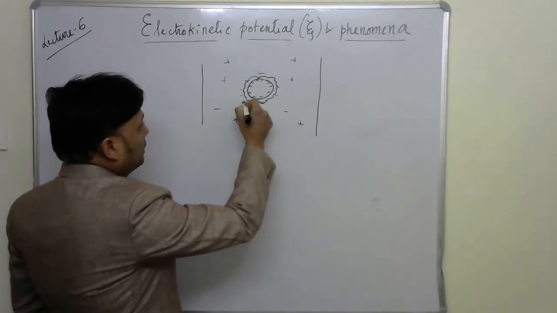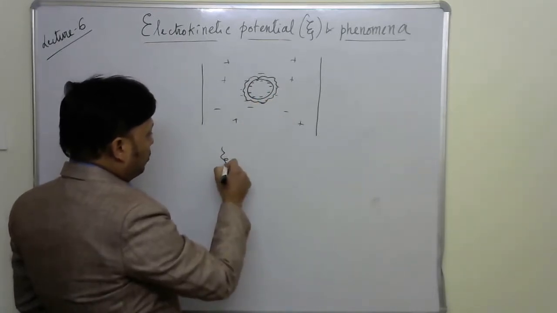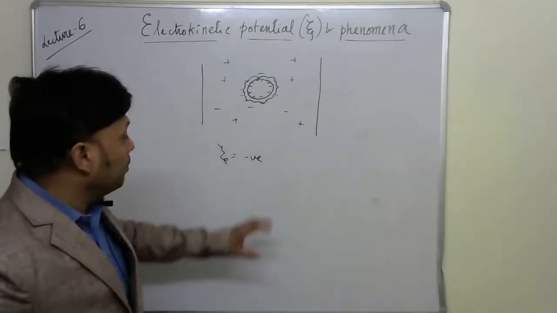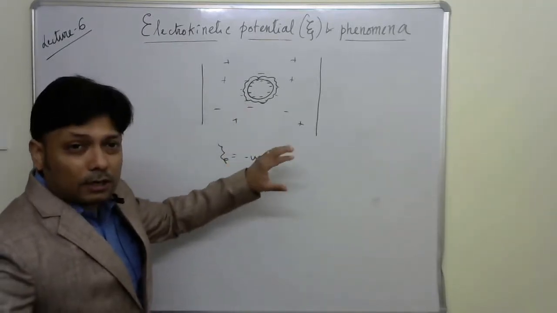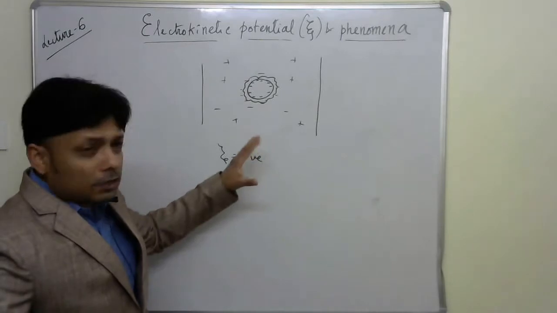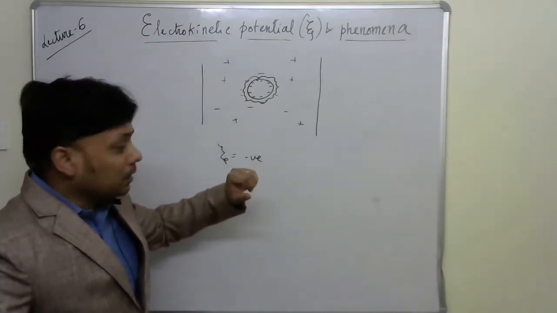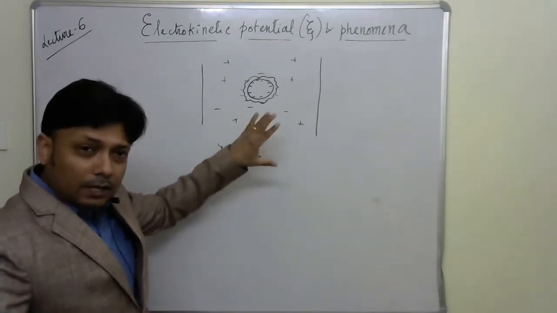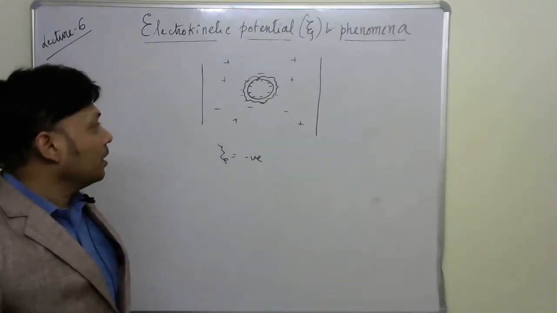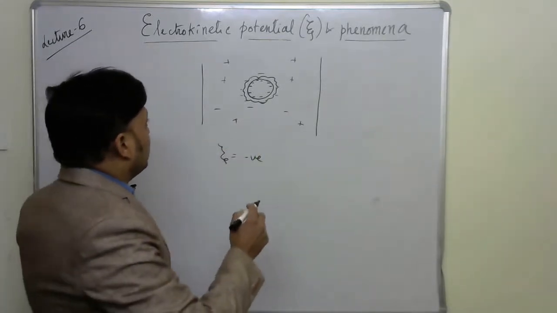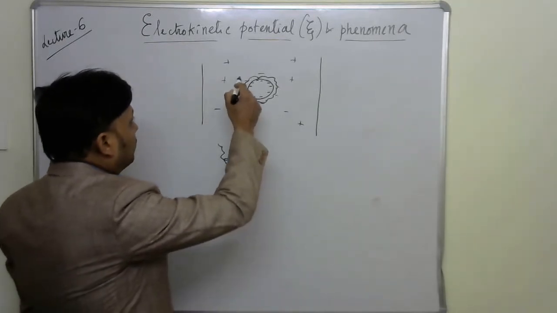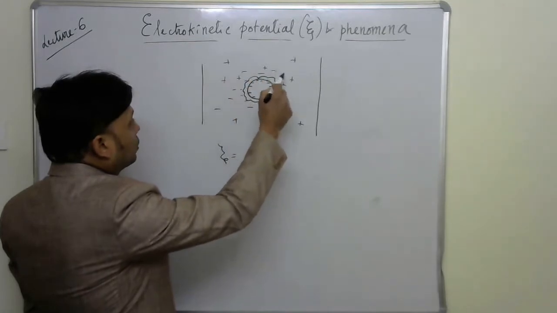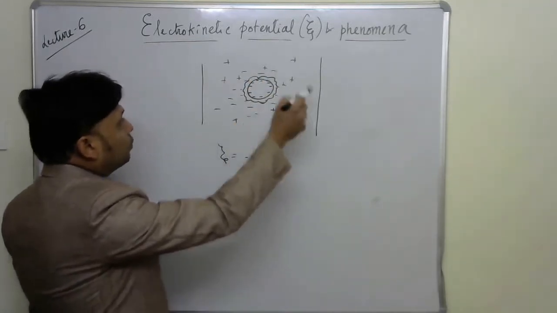So in this case, the zeta potential is expected to be negative, because unless otherwise mentioned and unless there are charge reversals and other exceptional phenomena, the zeta potential would have the same sign as the charged surface. And on and around this zeta potential, of course, we have this diffuse layer.